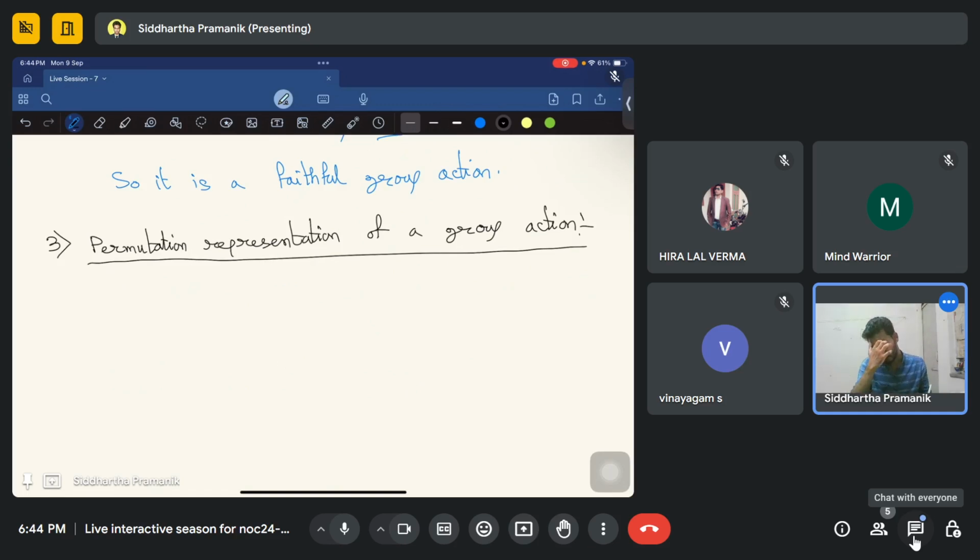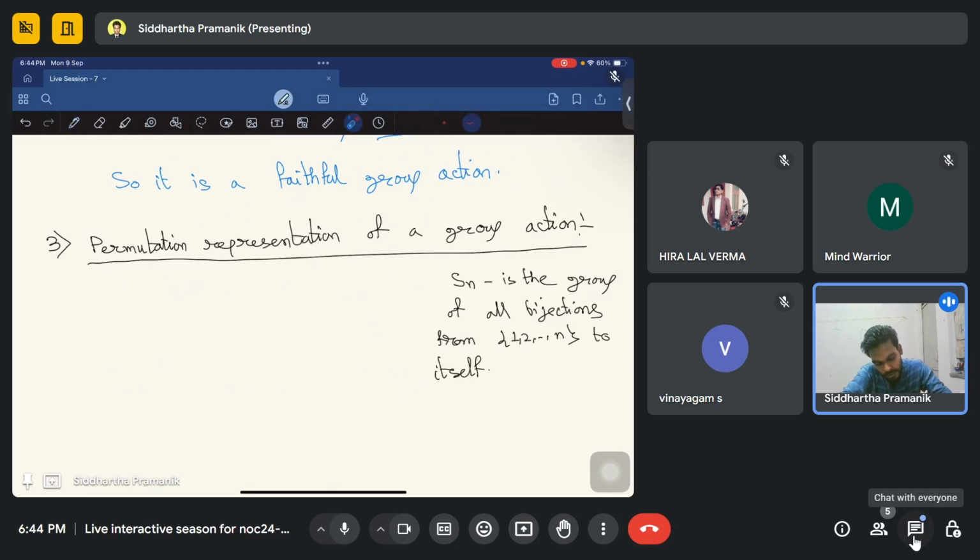Okay, so before that, one thing. We know S_n is the group of all bijections from 1 up to n to itself, right? But instead of this set 1 up to n, if we take any arbitrary set and take its bijections, then that is also a group.